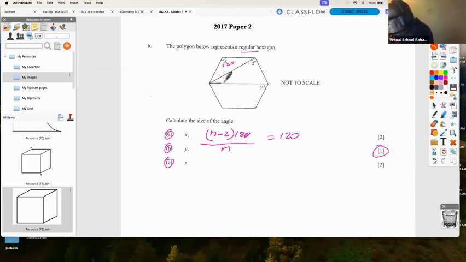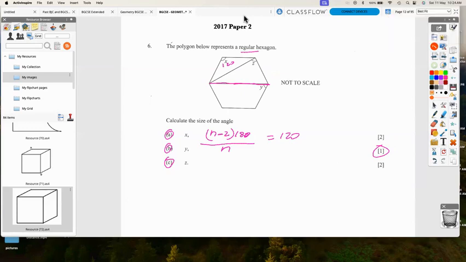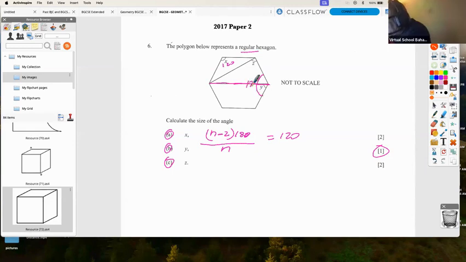This line here will be the axis, the line of symmetry, because if we fold this over there, we will get 2 equal shapes, right? Yes, sir. So we know that this angle here is 120, so this line divides the 120 into 2. So Y would be 120 divided by 2, which equals 60.